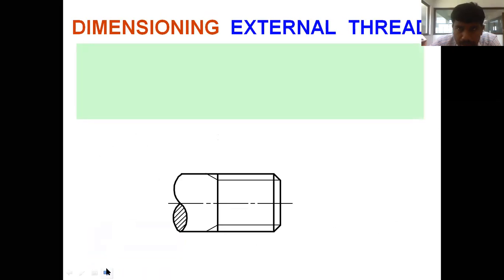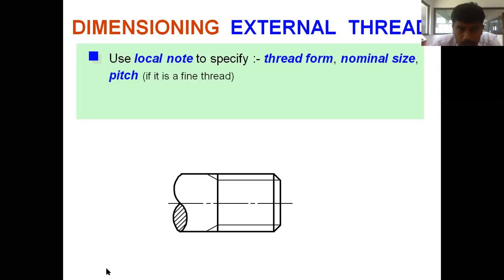How to dimension the external thread? Use a local note to specify the thread form, nominal size, and pitch.